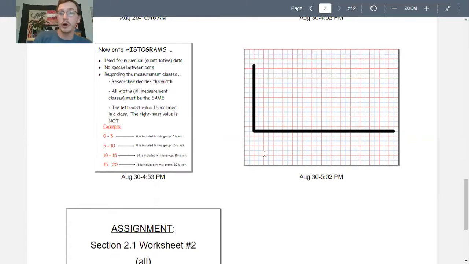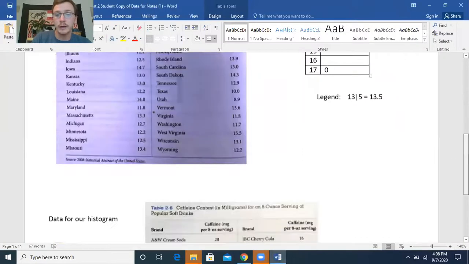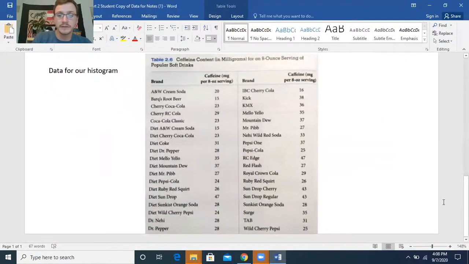So I'm going to go over an example of a histogram with you real quick, and again, we're going to do some left-hand, right-hand stuff. The data I'm going to be using is the left-hand side, from A&W to my personal favorite, Dr. Pepper. Looking at this, it looks like we go from 15 all the way to 47.